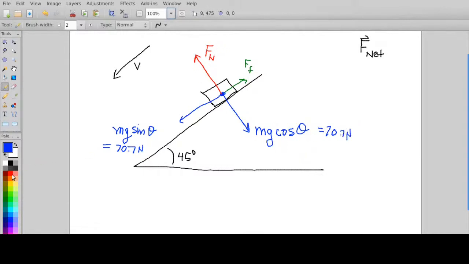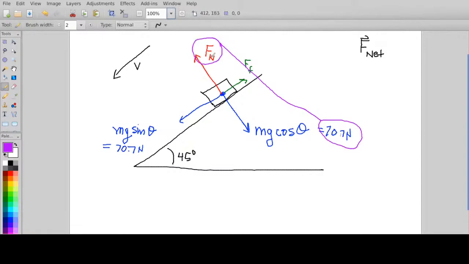But to find Fn, there isn't really an equation. I mean, I guess you could say it's Newton's second law. But what you have to realize is that, as I said a minute ago, that is competing with the 70.7 newtons. Okay? So if it's competing like that, you ask yourself, well, which one's winning?